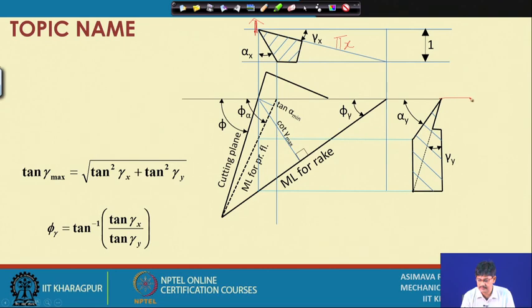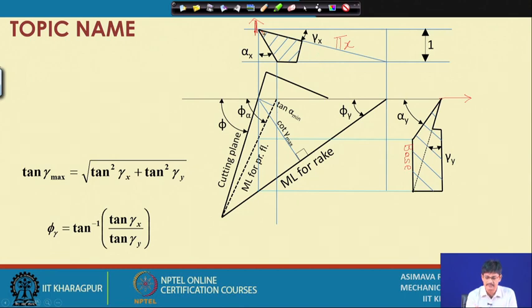The velocity vector I am assuming to be like this, so that this comes out to be the base plane. It is difficult to write this way; I have to have more practice. So this is a representation of the reference plane.